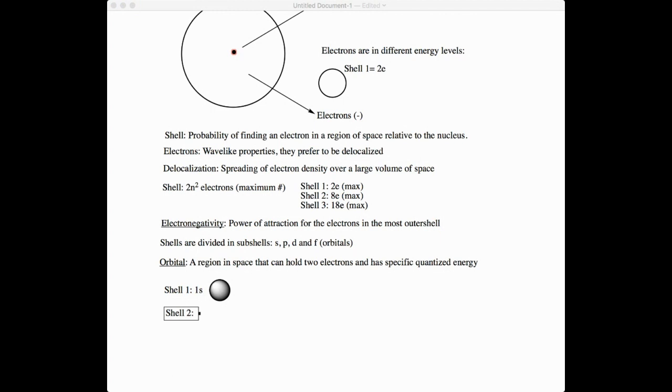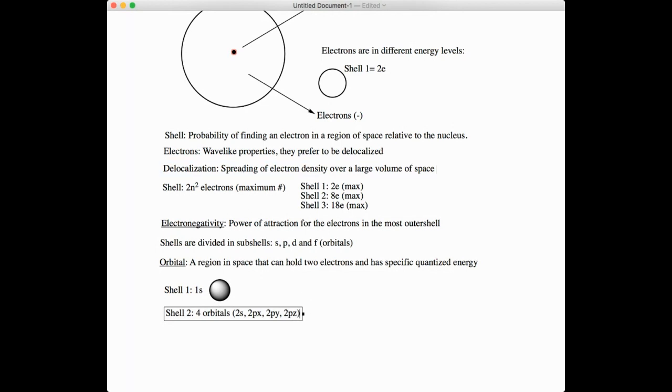And if we can have 8 electrons, and this is so important in organic, you will see later, how many orbitals will we have in shell number 2? 4 orbitals. One orbital is going to be s, and 3 are going to be p. I'm going to call them px, py, and pz.